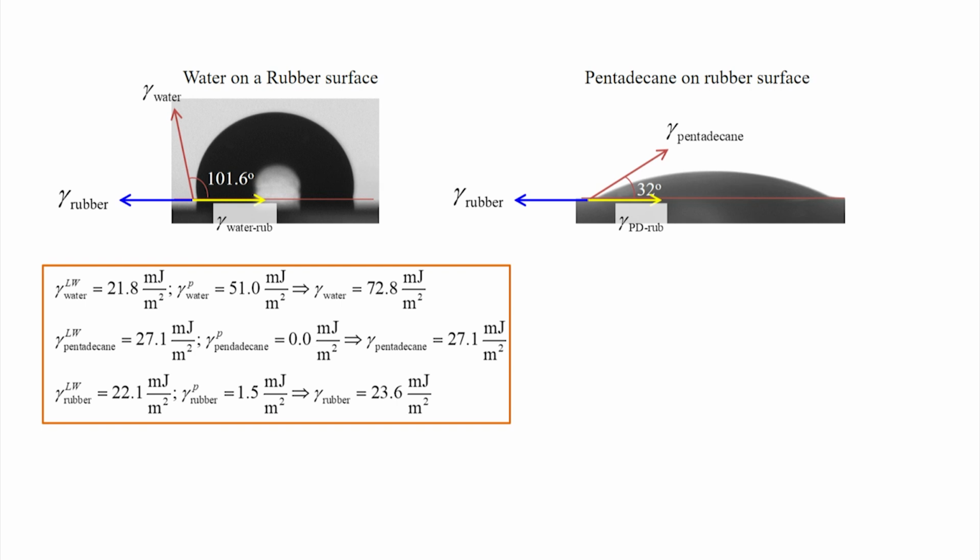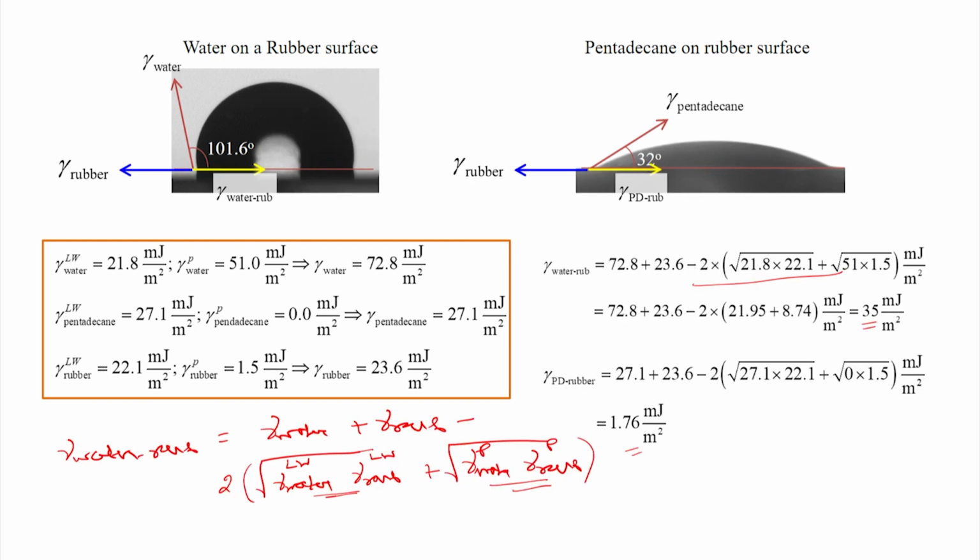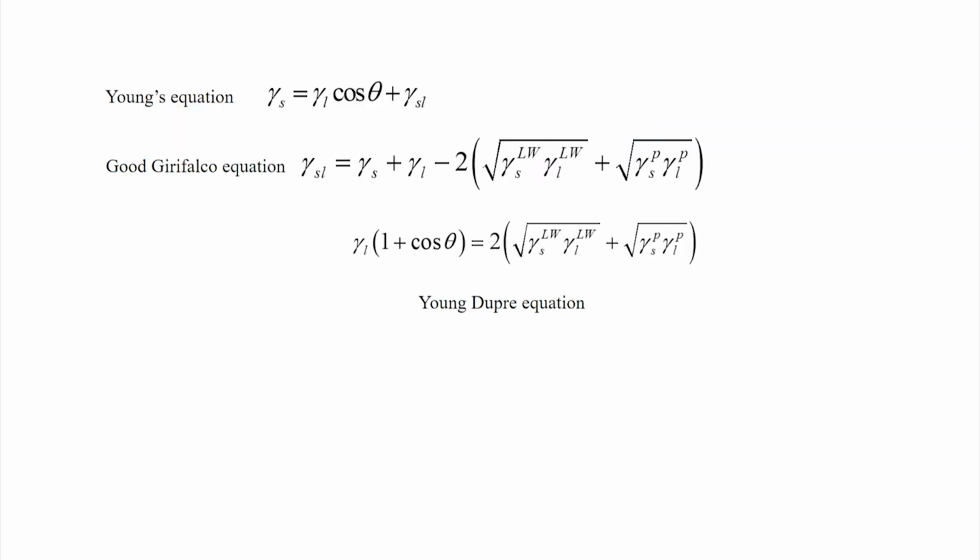So that's what I wanted to show you, that it is imperative to consider both the dispersive component and the polar component. By the way, this equation is called the Good-Girifalco equation. We can combine it with Young's equation.